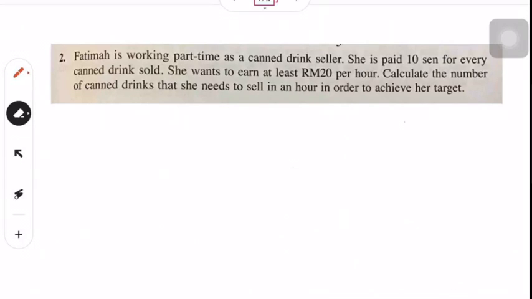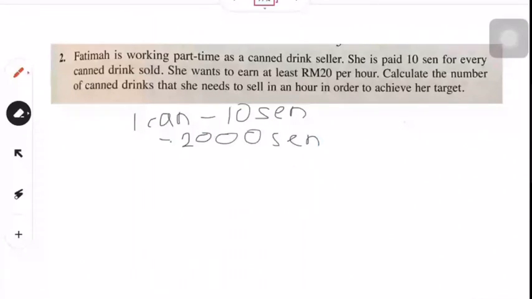Okay teacher. Okay, Izzati nak try tulis ke? Cuba tulis sebab orang lain ni senyap je, kalau cikgu nunggu orang lain tak tahulah. 1 can 10 cent. Okay, very good. So you state the situation. You just write down what is needed.